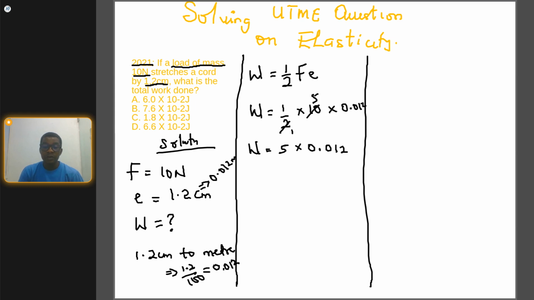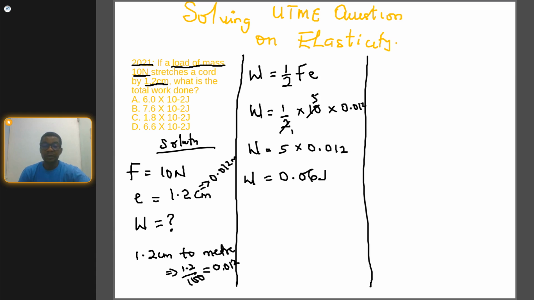0.012. W equals, we need to multiply this value together. When you multiply 5 by 0.012, the answer is 0.06 joule, which you can also express in standard form.